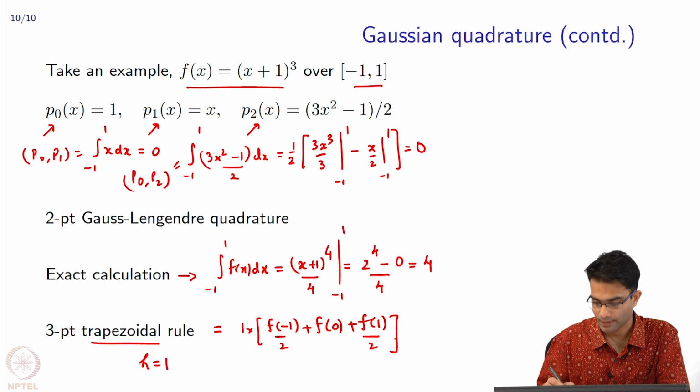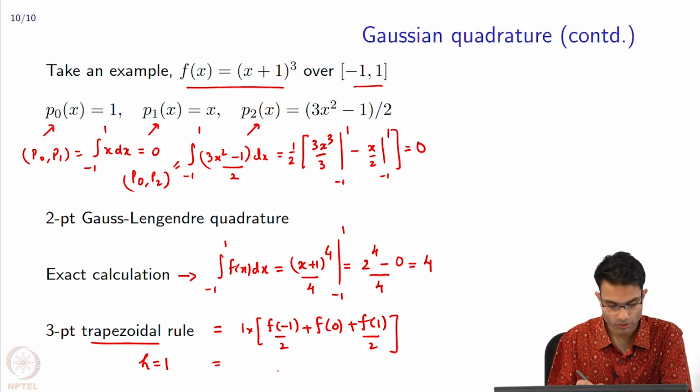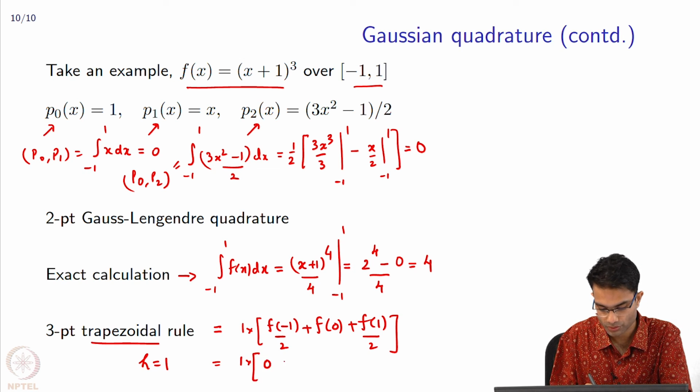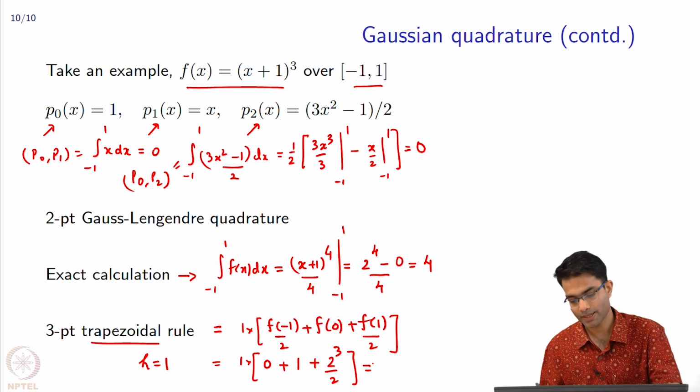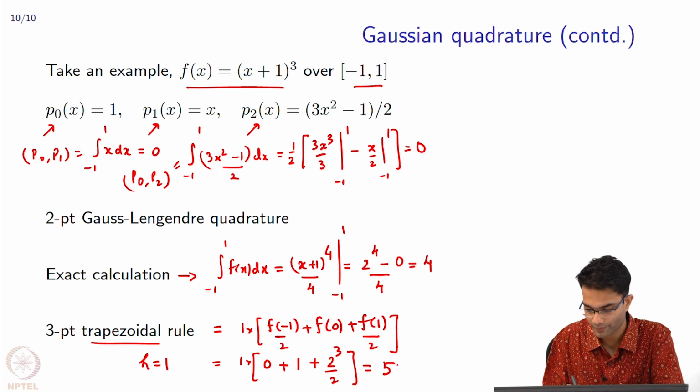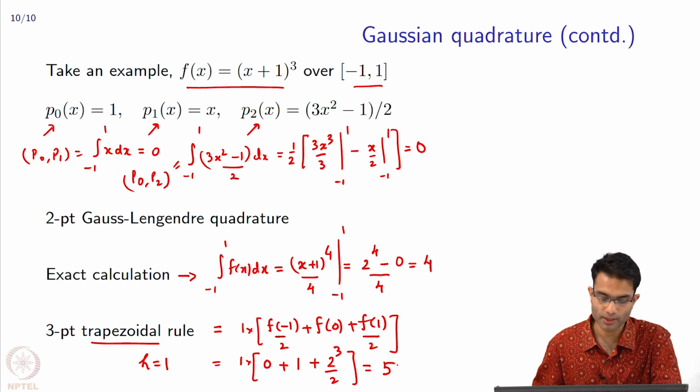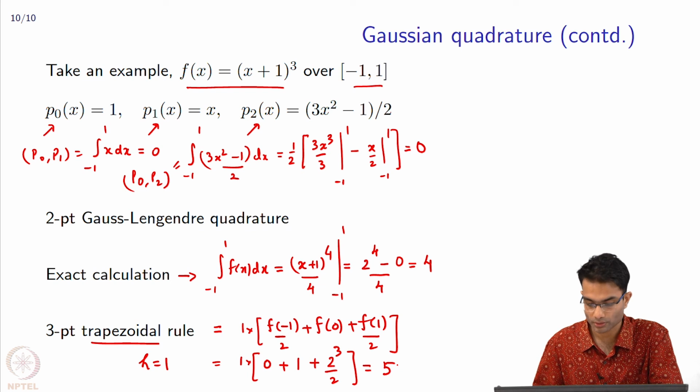At 0 its value is 1 and at 1 its value is 2 cubed by 2, that is 8 by 2, 4, that gives me 5. You can see that the trapezoidal rule is already overestimating the exact answer, and not by a small amount, 5 when the actual answer should be 4.